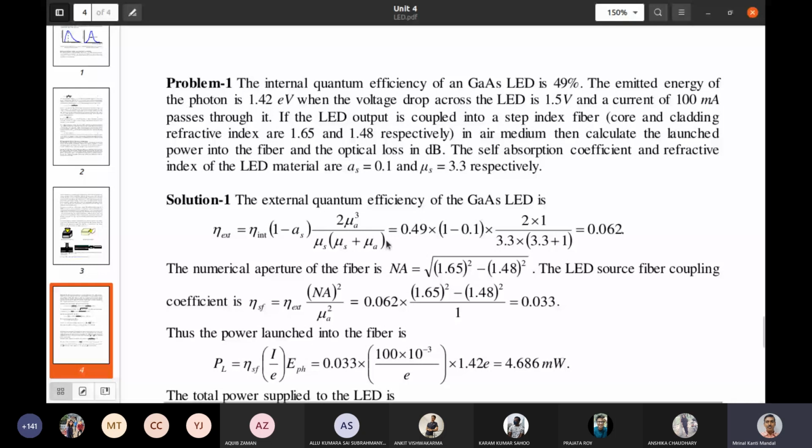So the quantum efficiency is 49%, that is 0.49 into (1 minus 0.1), where AS is 0.1, and mu A is the surrounding refractive index.